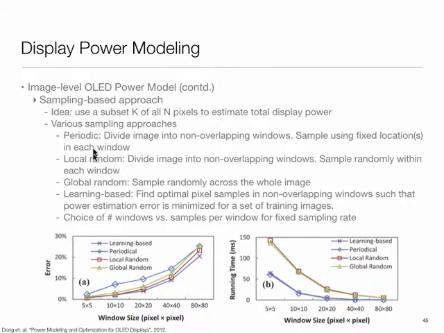And there are different ways, like select pixels periodically in the image, randomly in the image, randomly within a window, randomly globally, things like that. So there are a variety of different approaches people have used, but the idea is that unlike direct, where we sum energy of all pixels, here we sample and then do it.